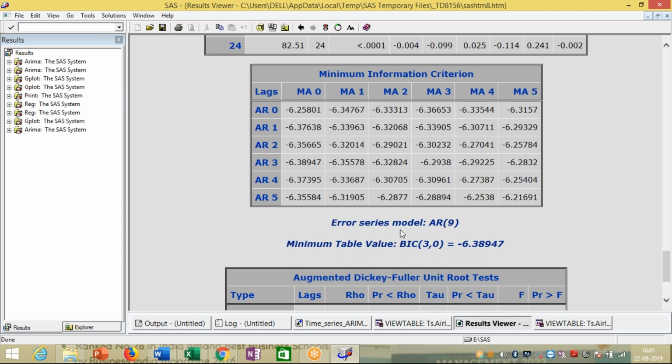Hold on, just let me rephrase this. The minimum information criteria will actually help you understand which is that model which is giving you the best information, which has the minimum residuals, the least residuals. So for the information criteria, there are two measures. One is the Akaike information criteria, the other is the Schwartz Bayesian criteria.